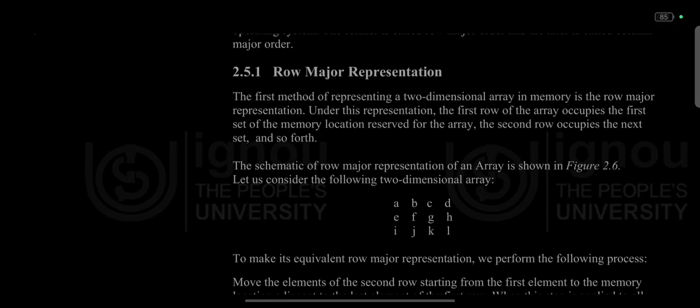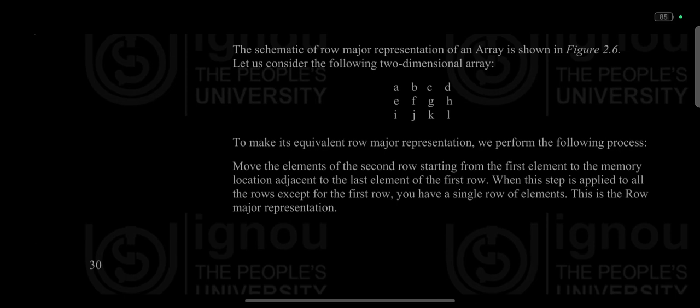Let us consider the following two-dimensional array. So let's see. To make its equivalent row major representation, we perform the following process. Move the elements of the second row starting from the first element to the memory location adjacent to the last element of the first row.